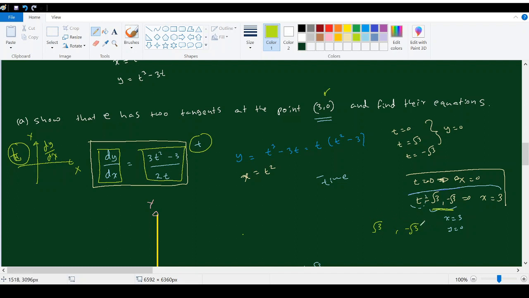For both these t values, you will obtain the given 0 point. In other words, this itself says that you will have two tangents, because you have two t values that correspond to this point. That means you can compute two derivatives corresponding to each of these two points.